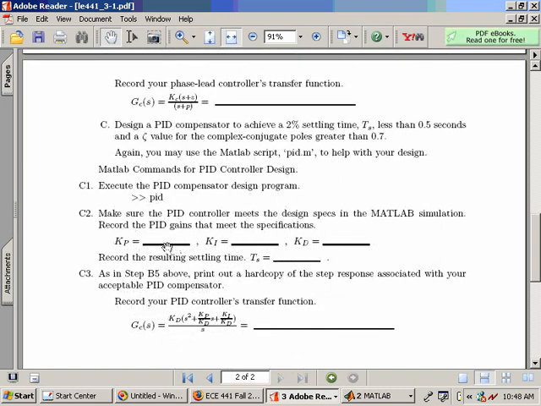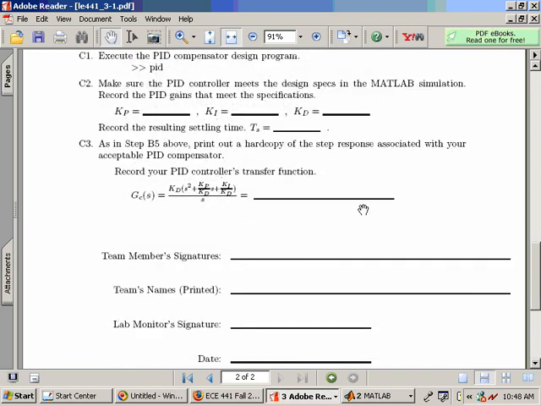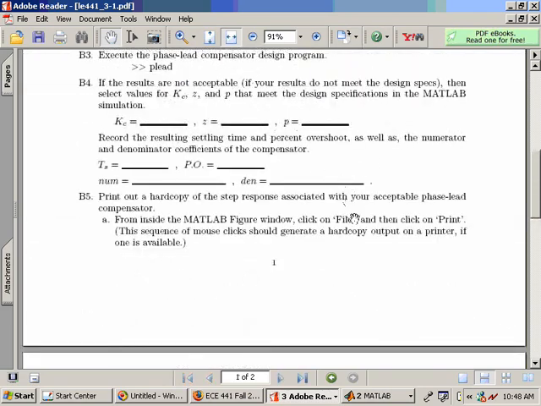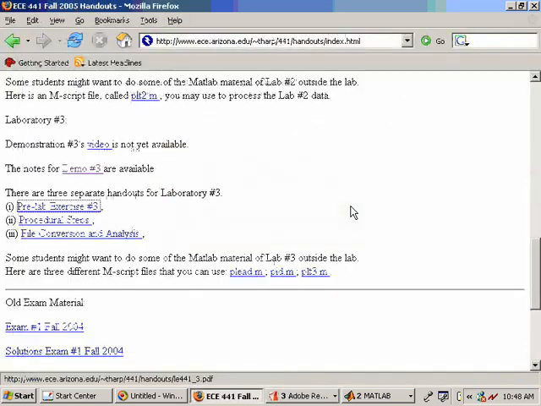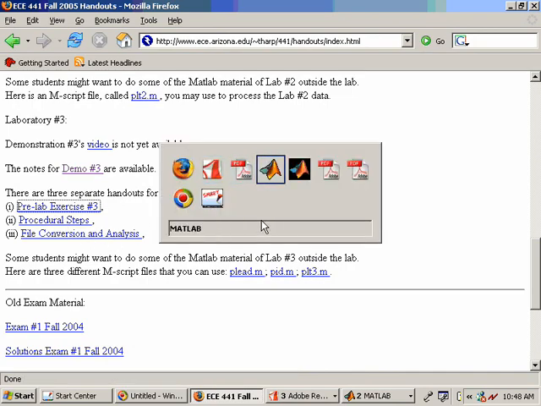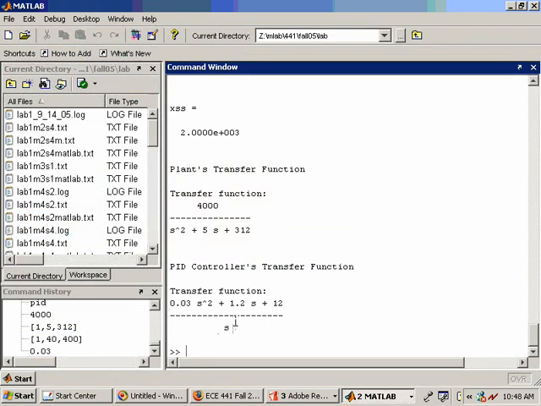You'll fill out the proportional, integral, and derivative term gains in your PID controller, and then be ready to come into the lab and execute the procedural steps. Following those procedural steps, you'll be able to go back into MATLAB and actually do the following commands.